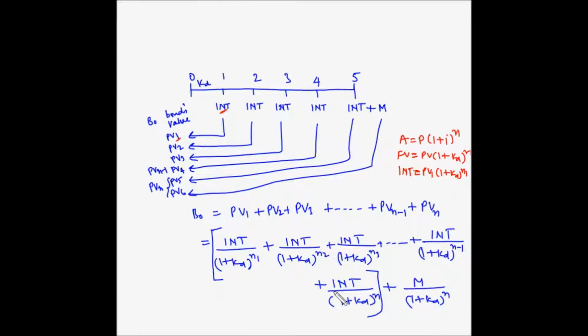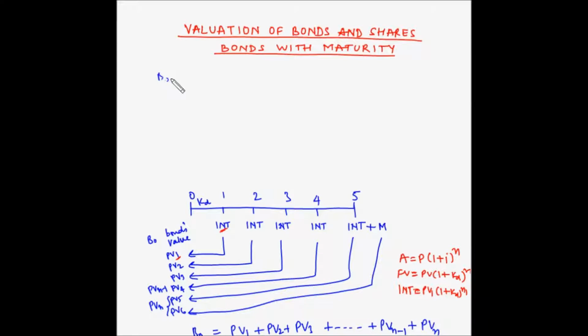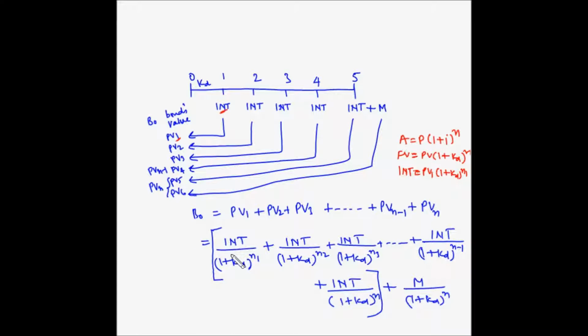Now this part can be written as B0 is equal to the sum of INT divided by 1 plus KD to the power T, where T is equal to 1 to N. So here we have INT divided by 1 plus KD to the power 1 plus INT divided by 1 plus KD to the power 2 and so on.